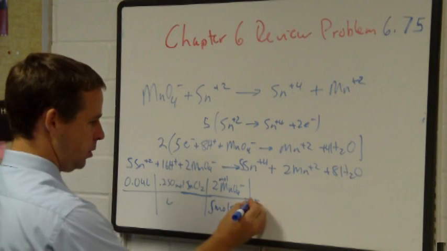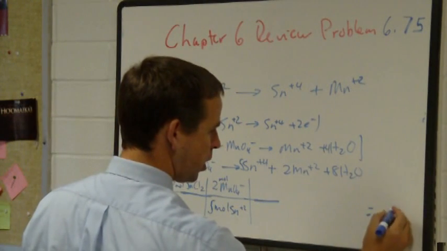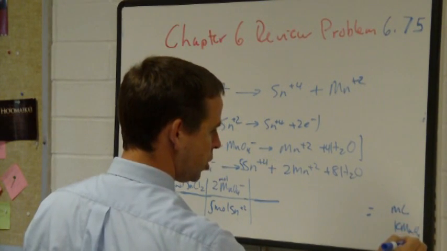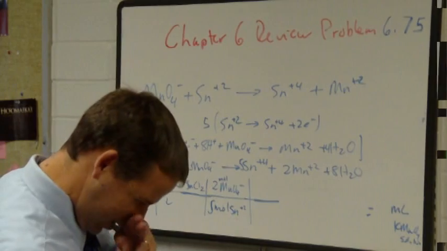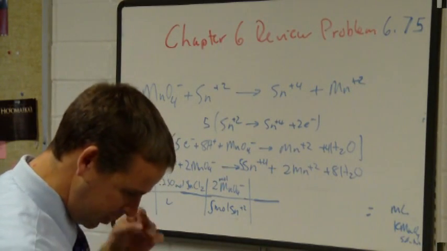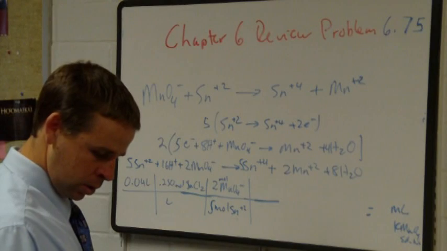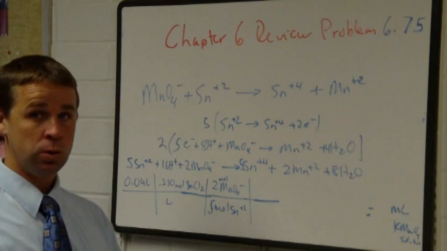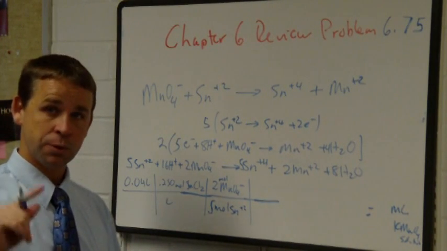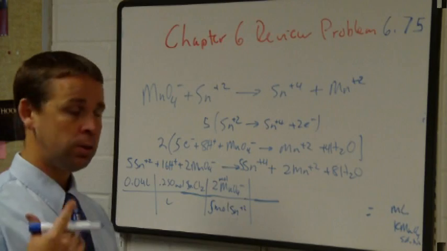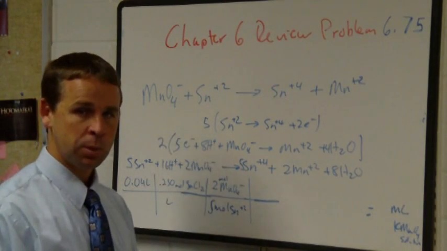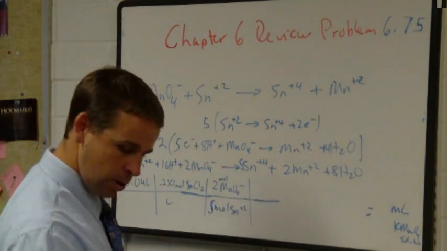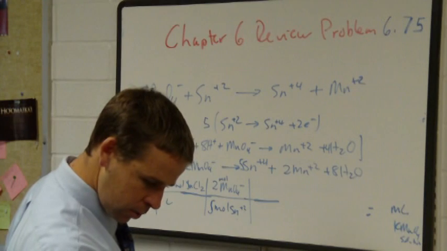The answer we want is milliliters of the KMnO4 solution, so we need to see how many moles of permanganate we need. That's also the same as moles of potassium permanganate, because for every 1 mole of potassium permanganate, you have 1 mole of the permanganate ion. They're not asking for grams of potassium permanganate. They're asking for milliliters of solution.